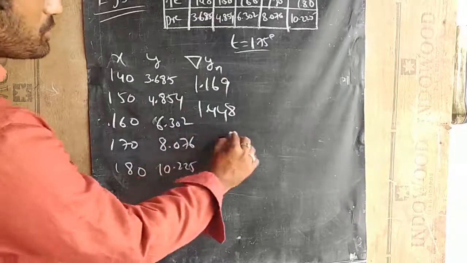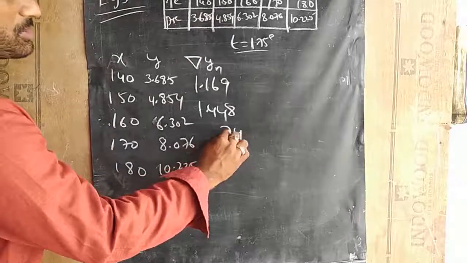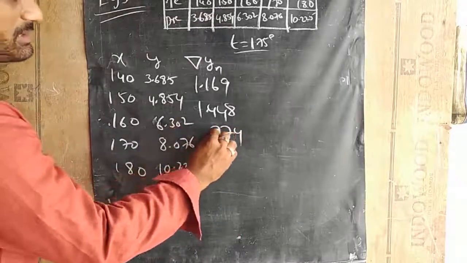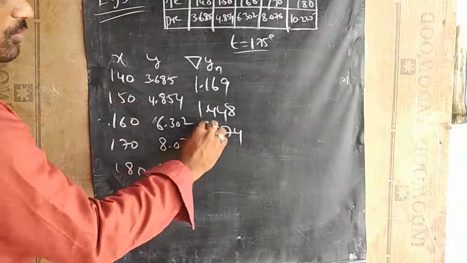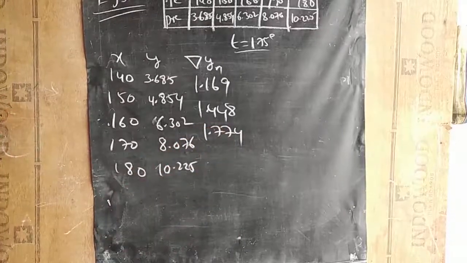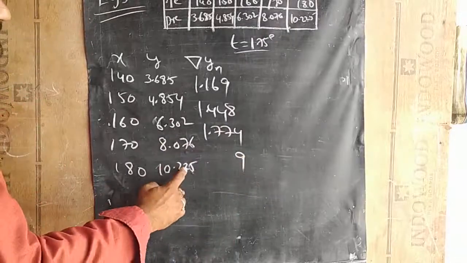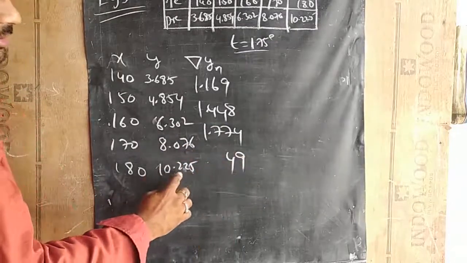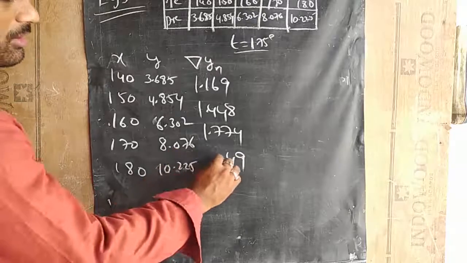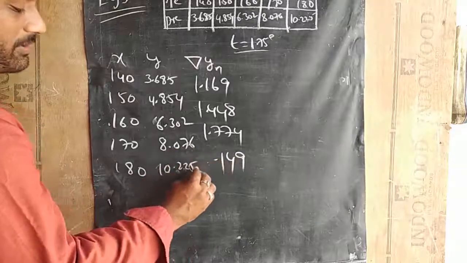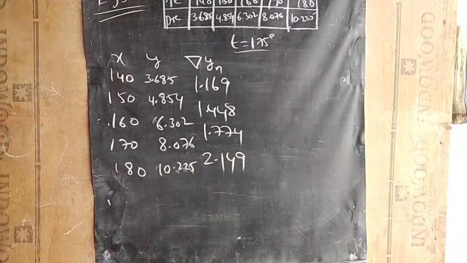Next, 8.076 minus 6.302 is 1.774. Next, 10.225 minus 8.076 is 2.149.